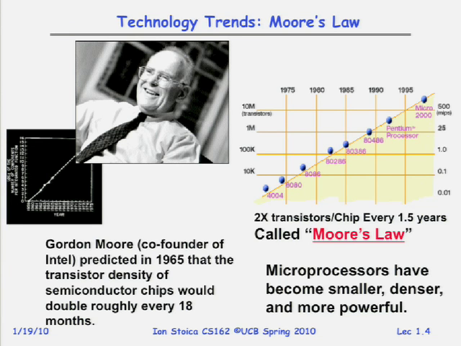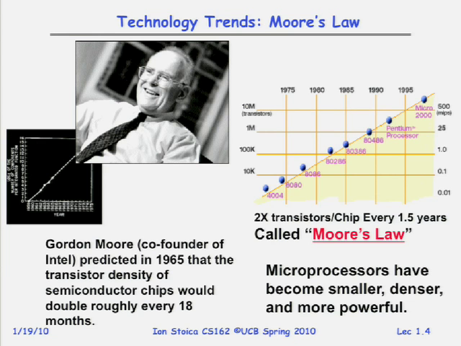So basically he deduced, based on the data he had at the beginning, that the number of transistors on a chip will double every 1.5 years, 18 months. And as you see, over more than now 4 decades, this law pretty much holds.